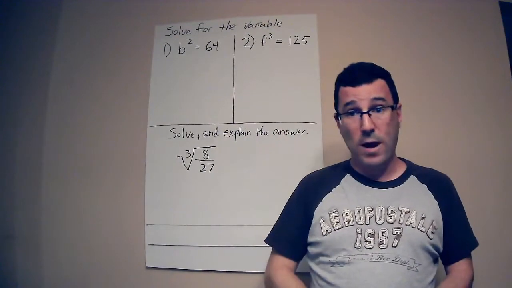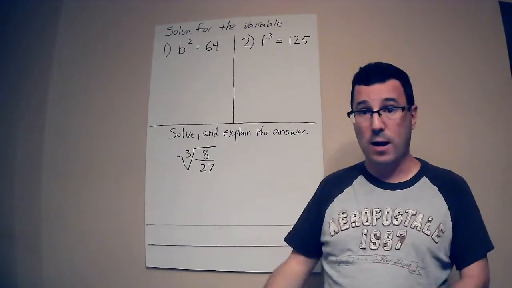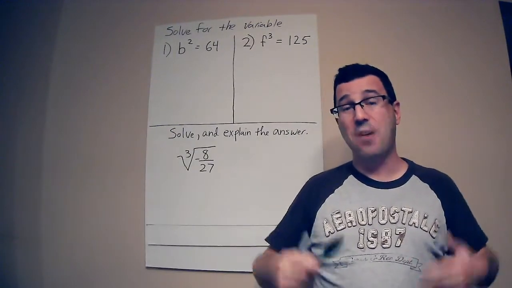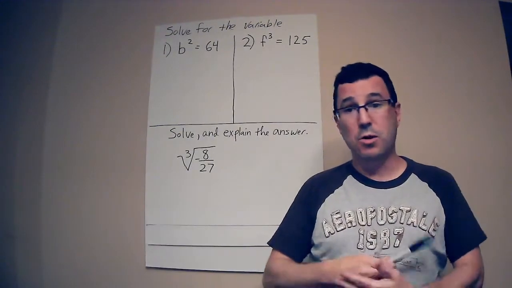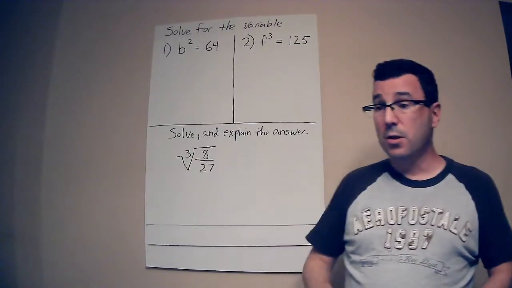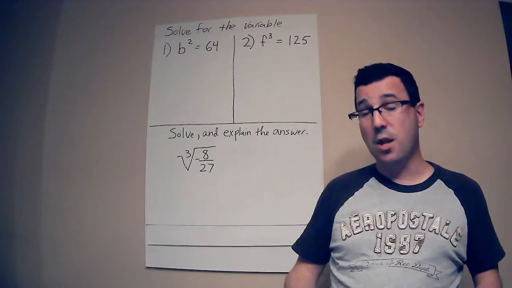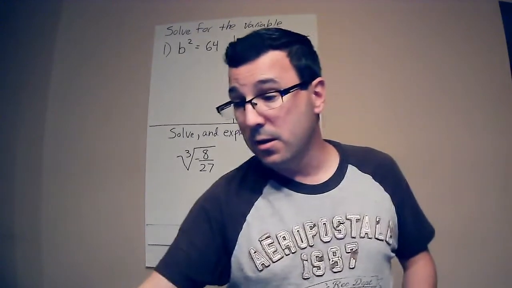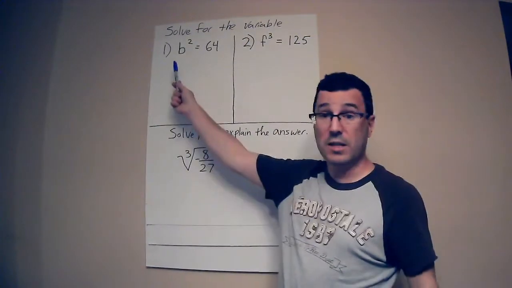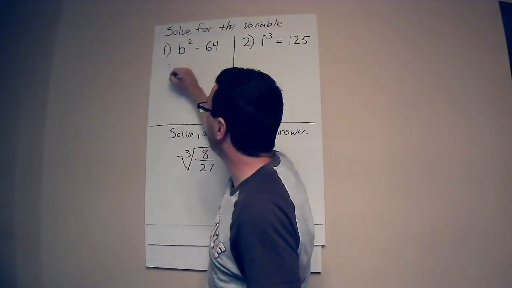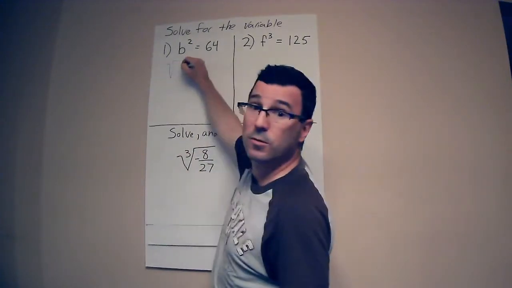Since it's a squared term, b squared, in order for us to get our answer, we need to just have b, the variable, completely by itself. So in order for us to do that, we have to take, in this case, the square root. We do that because it's b squared. So we're going to do the square root.